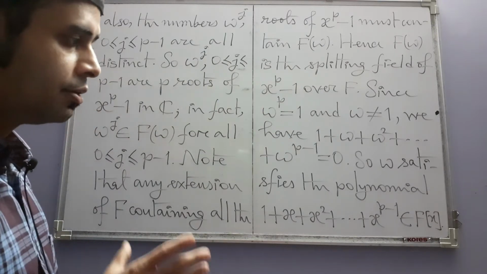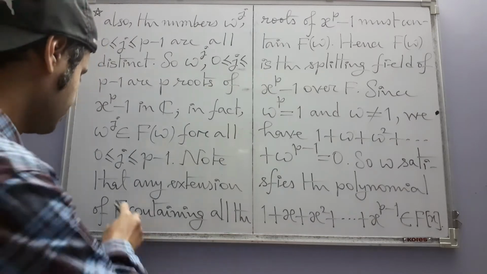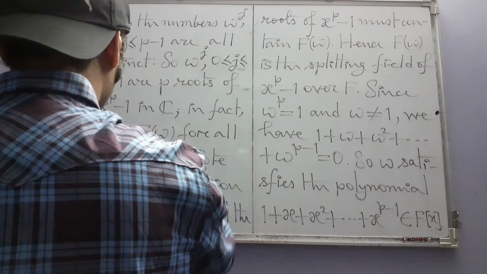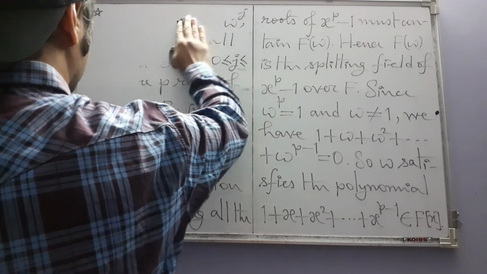And we already know that this polynomial is irreducible. This is something we have already shown in the chapter on rings, this was one of the exercises.